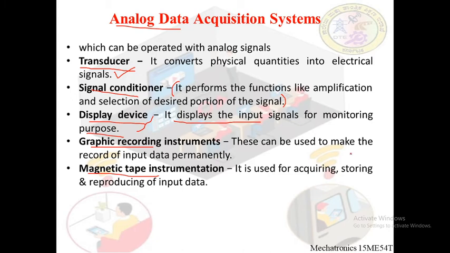The graphic recording instrument makes a permanent record of the input data, like chart recorders, ECG meters, etc. Magnetic tape instrumentation is used for storing, like our compact disc, hard disk, etc. All these form an integral part of the analog data acquisition system.